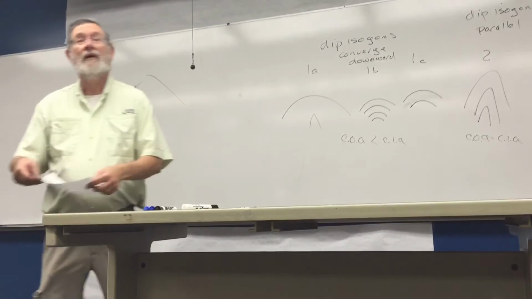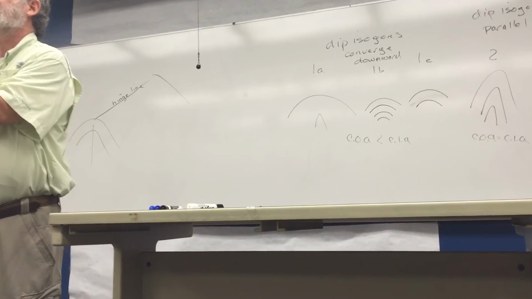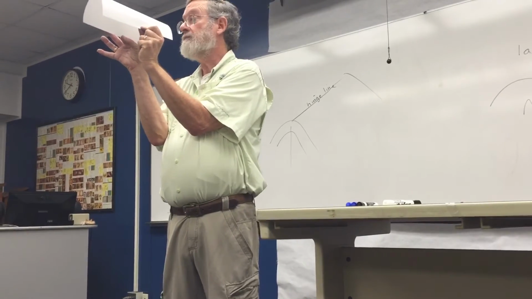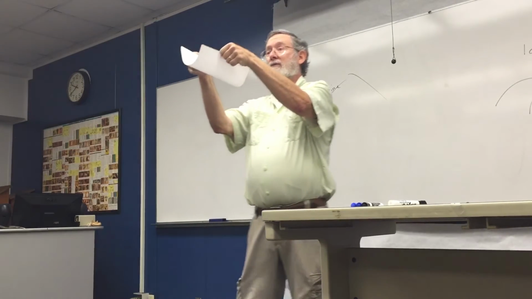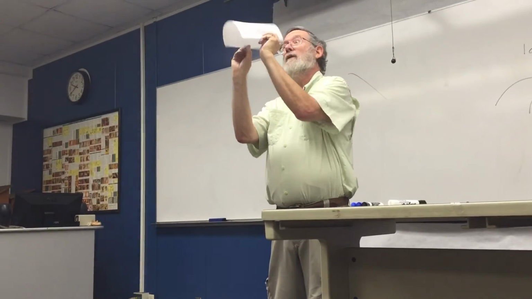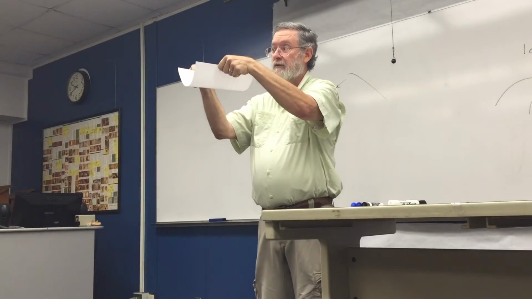Now, if you take this fold and do this, that's an anticline, right? So we can make an anticline, we can make a syncline, like this. So far so good? So, anticline, syncline.